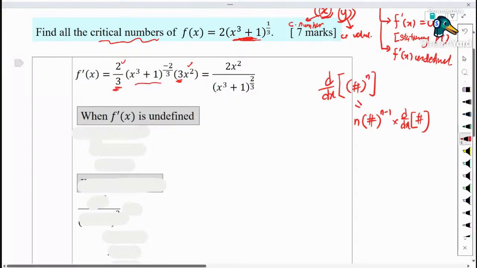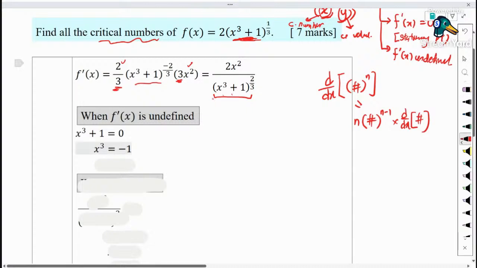But for the sake of a better idea, we do some calculation. This function f prime is undefined only when the denominator is equal to 0. It will only equal 0 when x cubed plus 1 is equal to 0. And from there, x cubed equals minus 1.